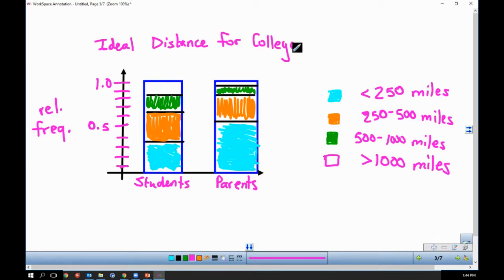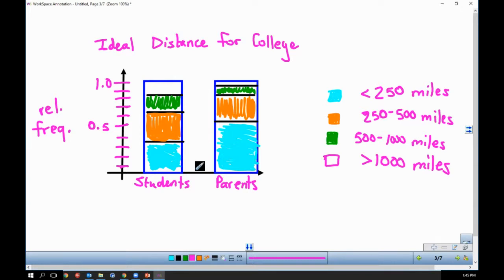And if we look at this stacked bar chart or segmented bar chart, if you notice, it says the same things that we said on the comparative chart, the first one we drew. More of your parents want their child closer to home than what the students want. Yeah, because they got smaller rooms.